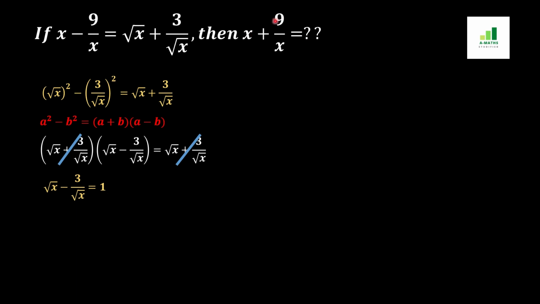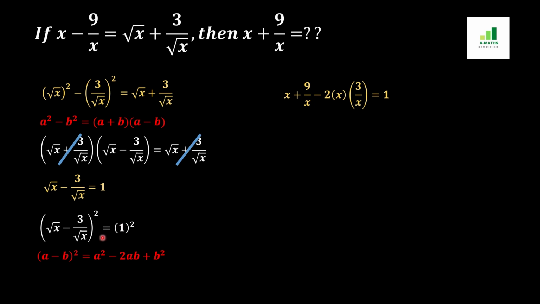Now in order to get this condition, we will apply squaring on both sides of this equation, and we will get x plus 9 over x minus 2 times under root x into 3 over under root x equal to 1. How? You can clearly see that this is the a minus b whole square formula, and we know very well that the a minus b whole square formula is equal to a square minus 2ab plus b square.